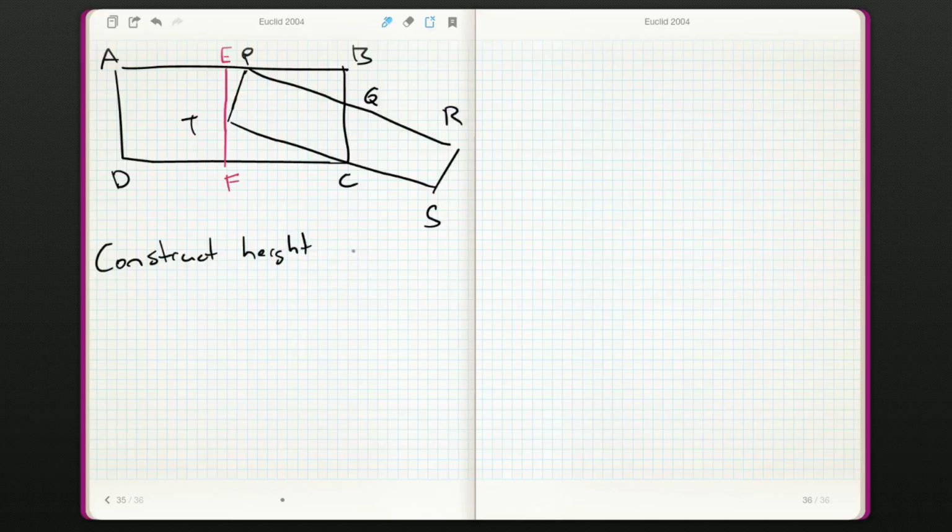So I'm going to say construct height EF of rectangle ABCD, so T lies on EF, as shown.